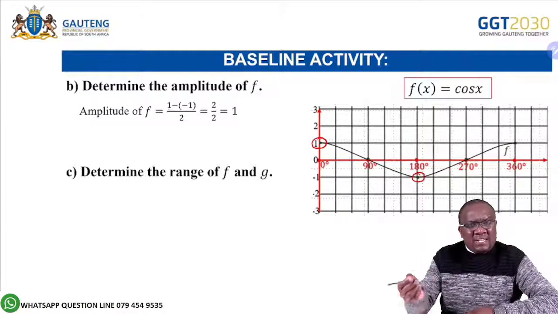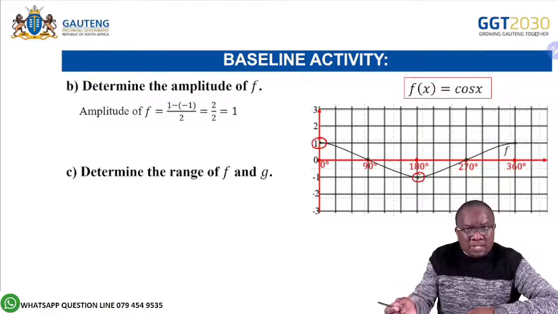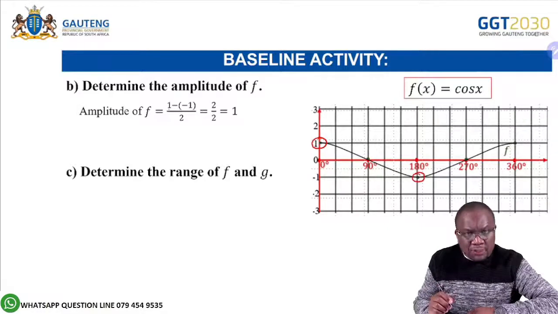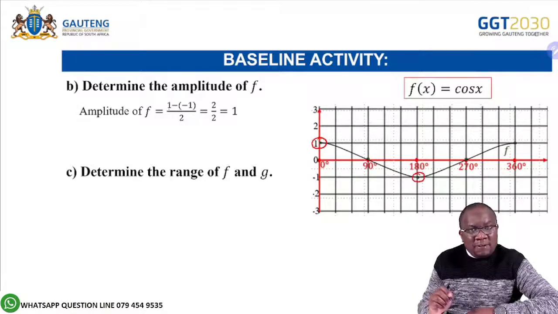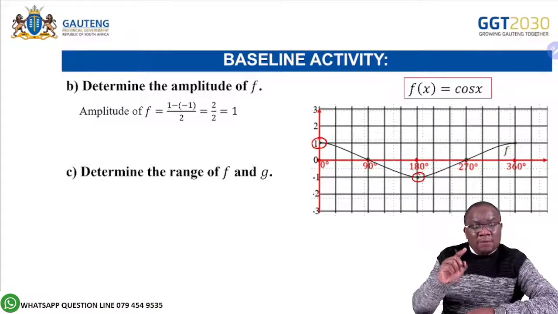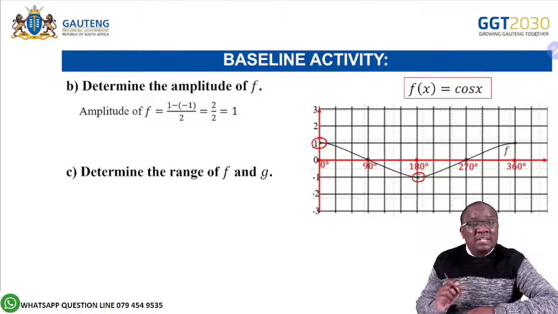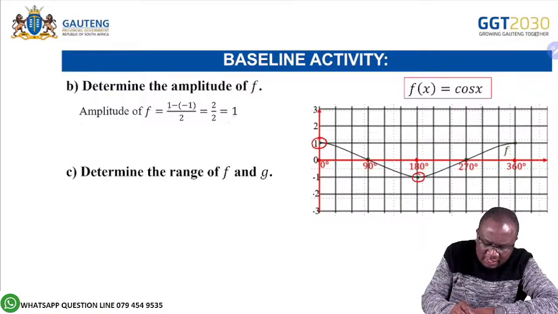And then 1 minus -1 is like 1 plus 1, which is 2. And then 2 over 2 is 1. So our amplitude is 1. Remember, this is how we find the amplitude: maximum value minus the minimum value divided by 2. We did that when we were looking at the sine graph. So the A here is 1.